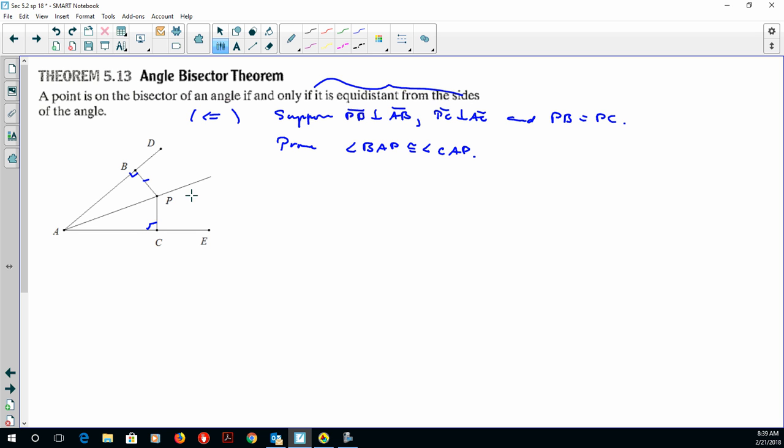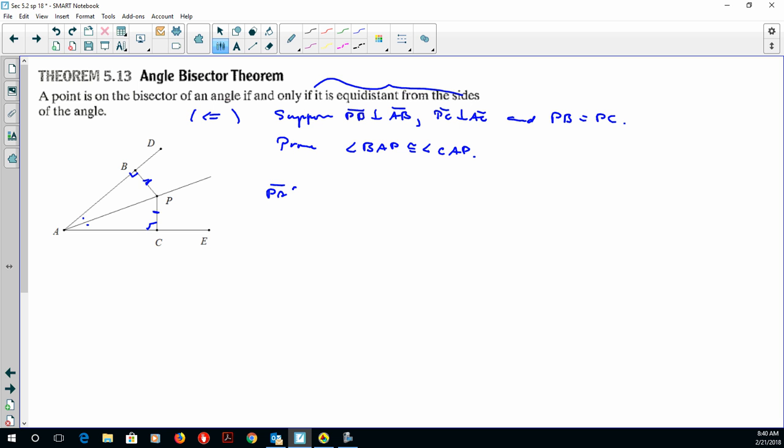And what I want to show is that this angle and this angle are the same. Well, I note that PA is congruent to PA. That's a rather stupid statement you say, but no, it's part of two different triangles.